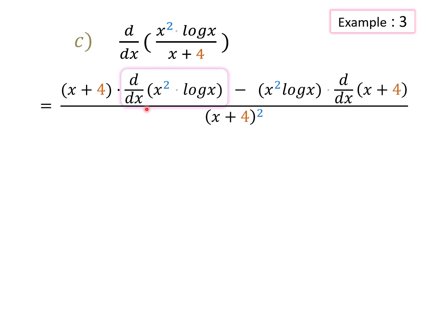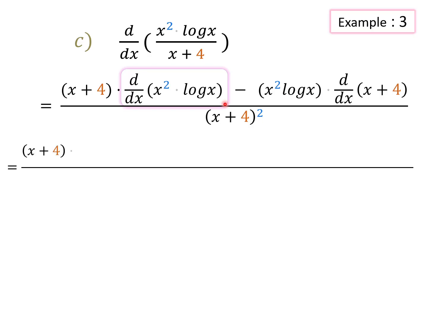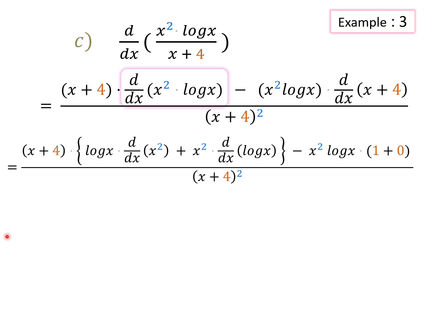So this part we'll treat as one separate entity and we'll differentiate it once again applying the product rule. So here we have applied the product rule onto this.